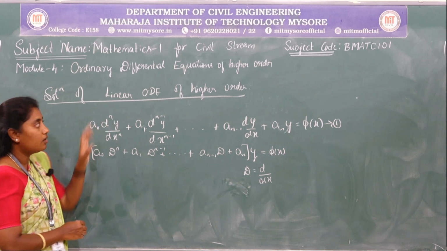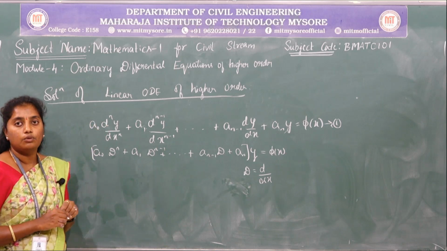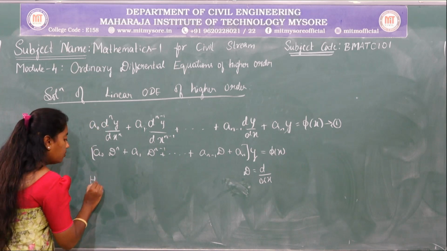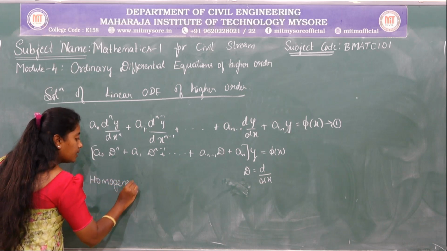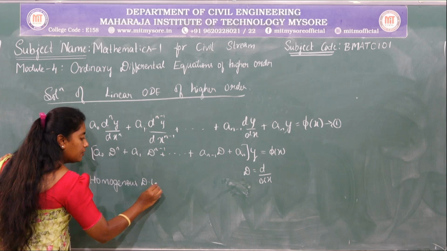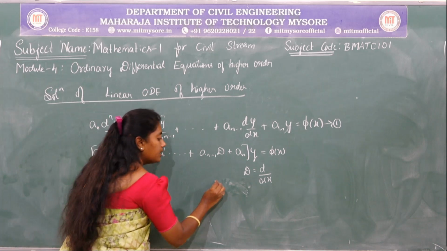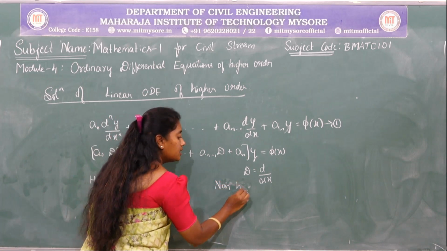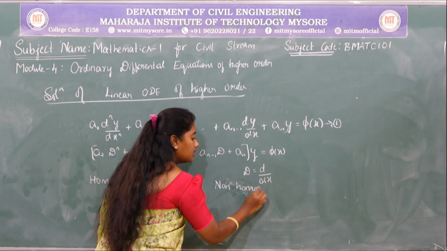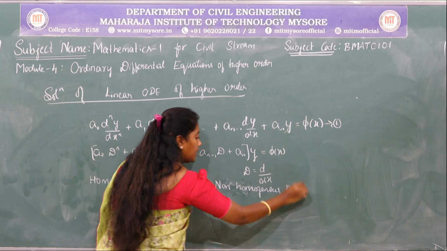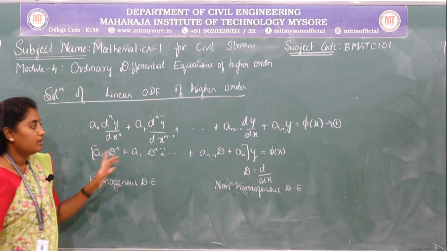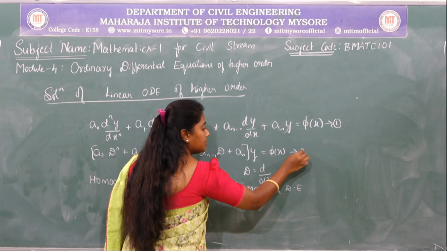And in the higher order linear differential equation, we have two types. One is homogeneous differential equation, another one is non-homogeneous differential equation. In equation number 1, I will represent this as equation number 2.